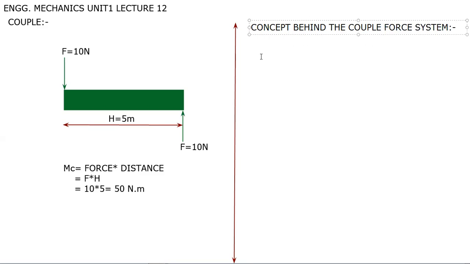So the first characteristic is that a couple consists of a pair of equal and opposite forces.